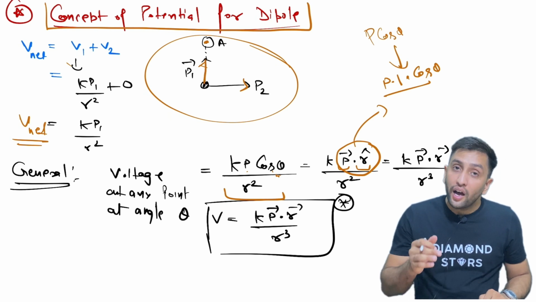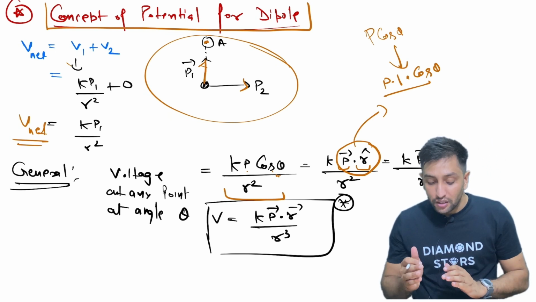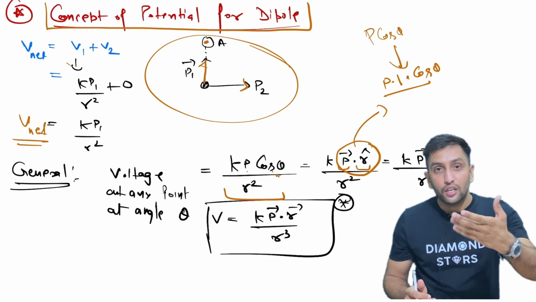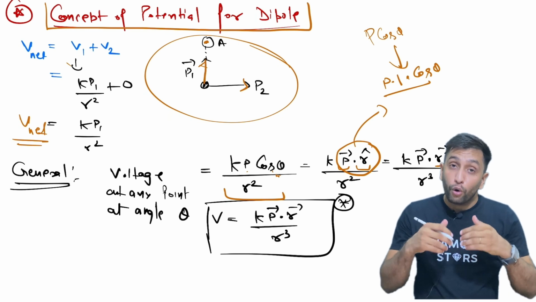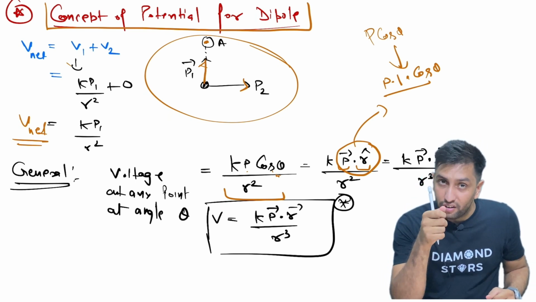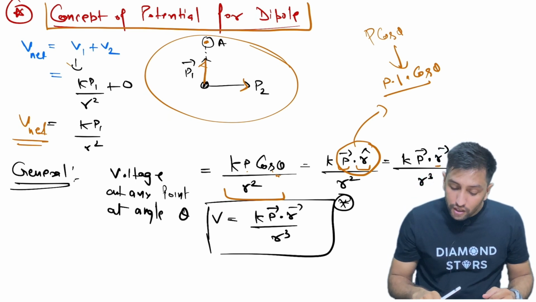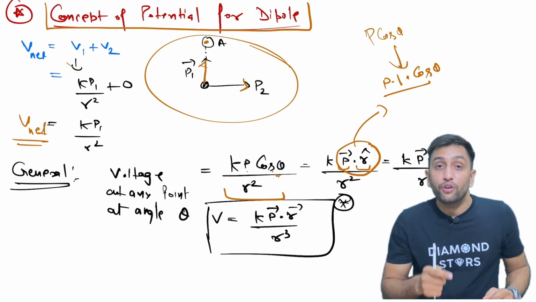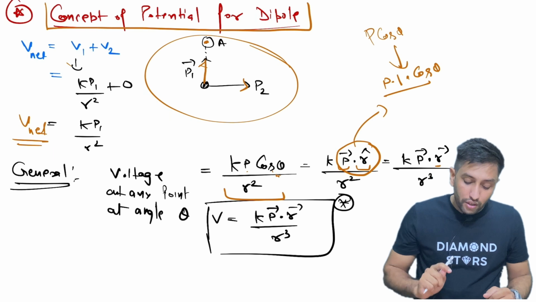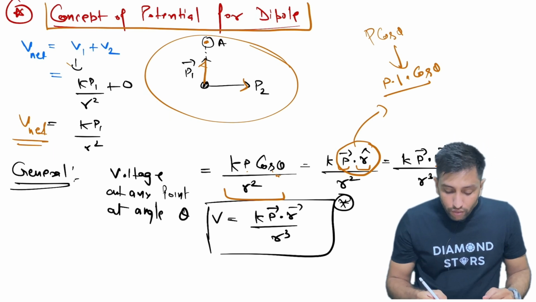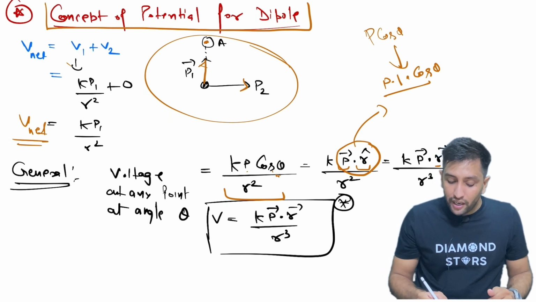You know that r cap is a unit vector which is represented as the vector divided by its own magnitude. That means r vector divided by its own magnitude, that is r. Okay, so r square was there in the denominator, and when r is additional now, that becomes r cube, and you are left with the formula in the vector form: kp vector dot r vector by r cube.